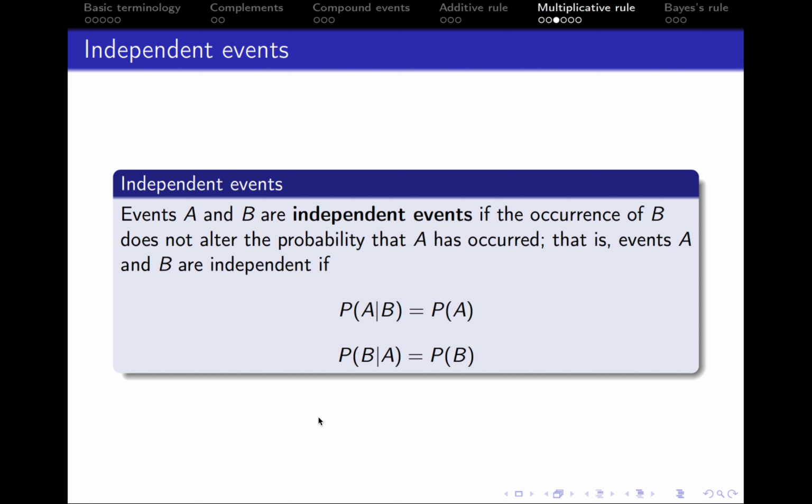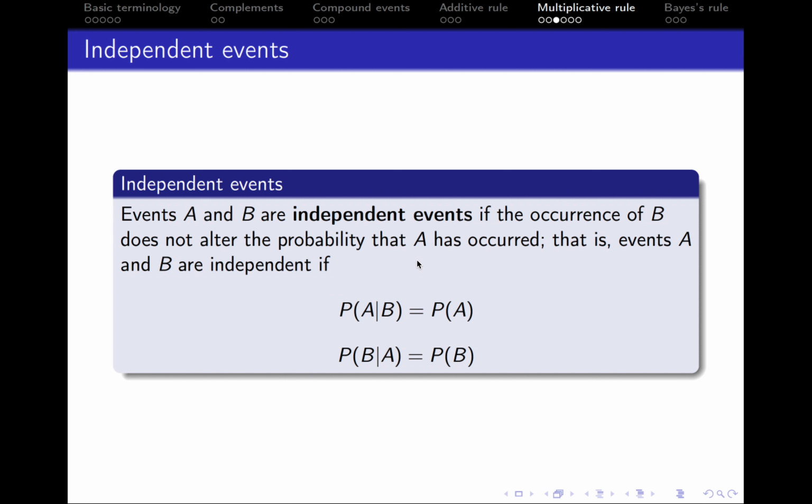There are also independent events in the theory of probability, and we say that events are independent when the occurrence of one of these events does not change the probability of the other. So in a sense, if B happens, it will have no effect on event A, and vice versa.